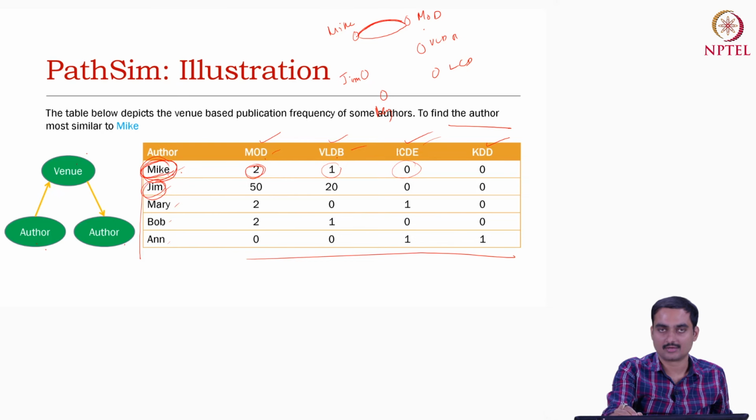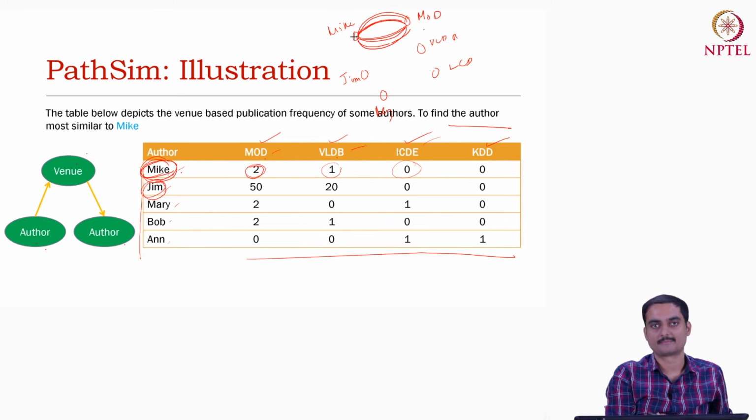This and this, 1; this and this, 2; this and this, 3; and this and this, 4. So it is 2 times 2 for SIGMOD, 1 times 1 for VLDB, 0 times 0 for ICDE, and 0 times 0 for KDD.